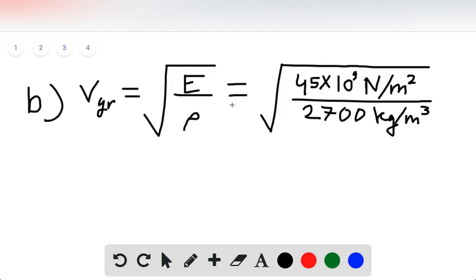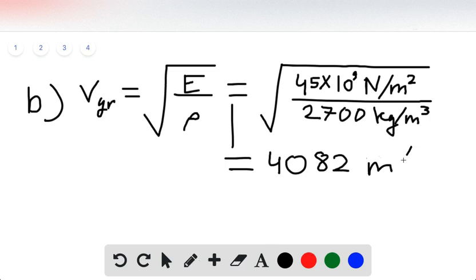Okay, and that gives you something close to 4,082. This is the speed, so it'll be units of length over time, in this case, meters per second.